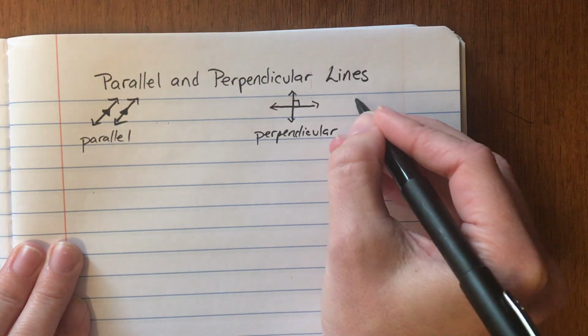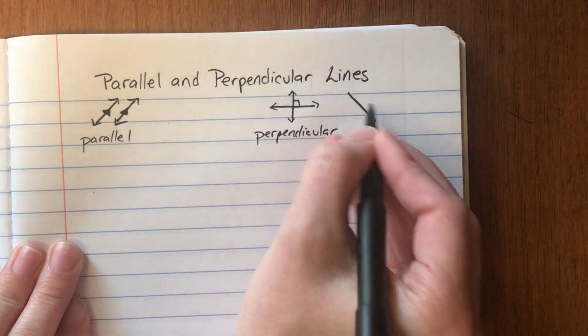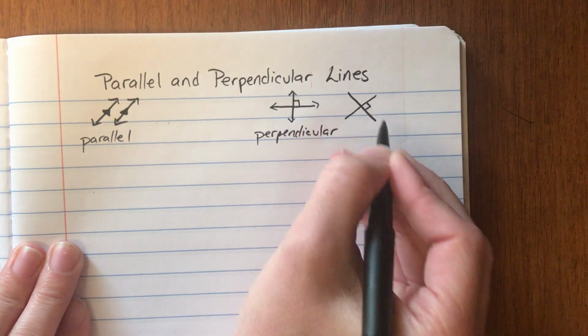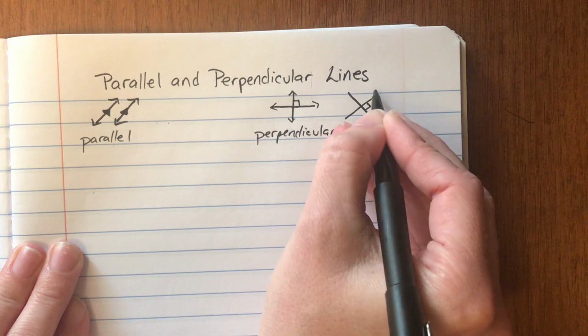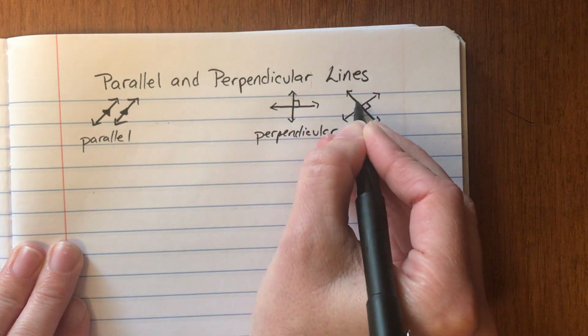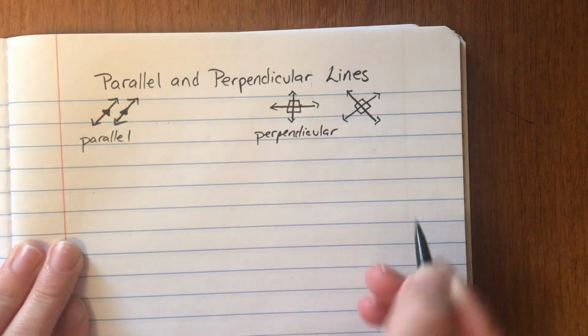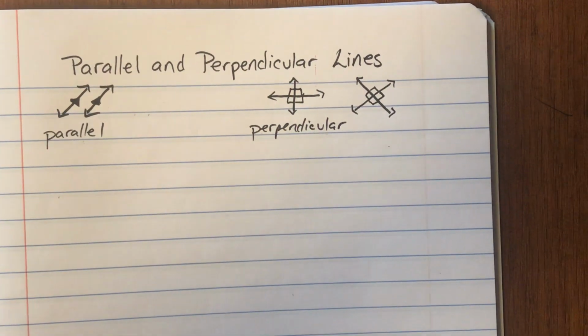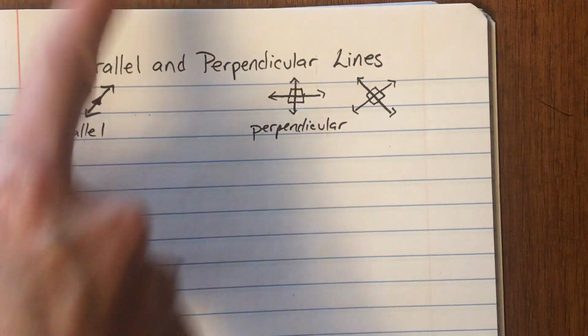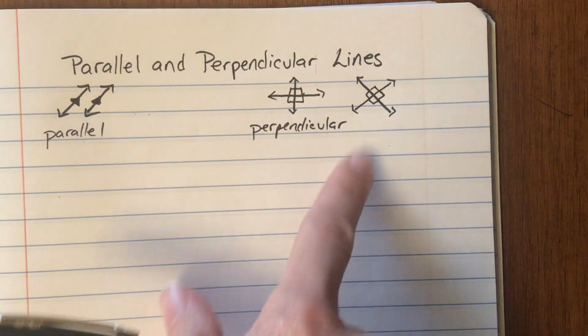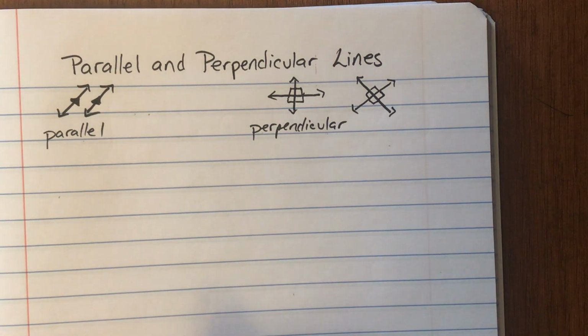Of course, they don't have to be straight up and down. They could be sideways like this, as long as when they meet, that angle right there is 90 degrees. And actually it's 90 degrees all the way around, right? All of these angles would be 90 degrees. So parallel means never intersecting, always running like train tracks, and perpendicular means that they meet at a 90-degree angle.